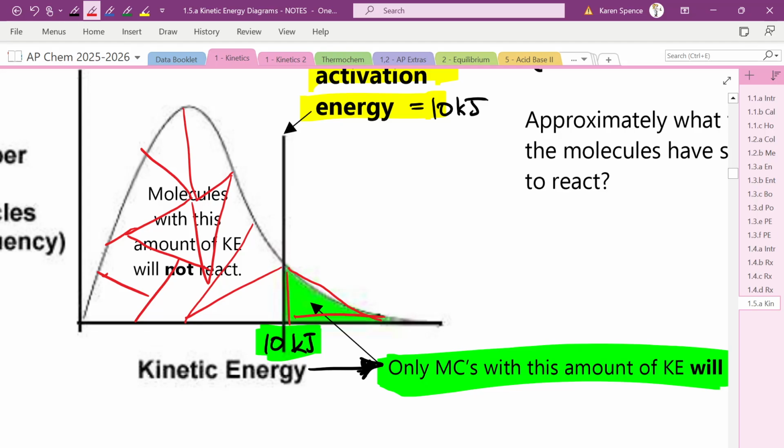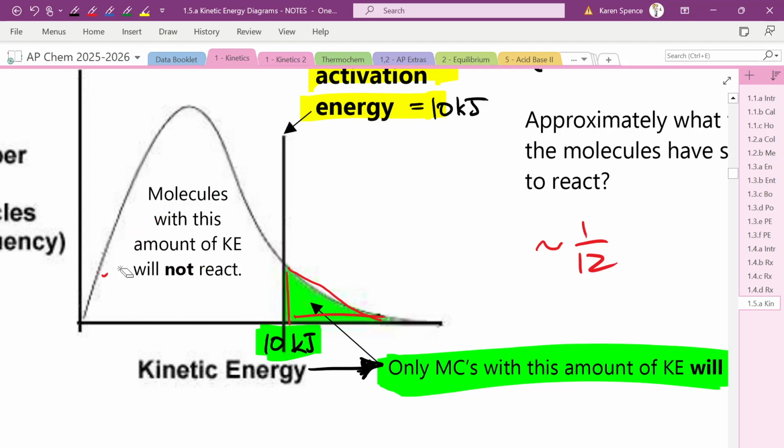Okay, close enough. I'm going to say there's 12 things there. So that's going to be 1/12, which is about 8.3%. About 1/12. You might guess 1/10. You don't have to be super accurate, right? And in fact, you're not actually going to be asked to read that off a graph at all. You're just going to look at it.